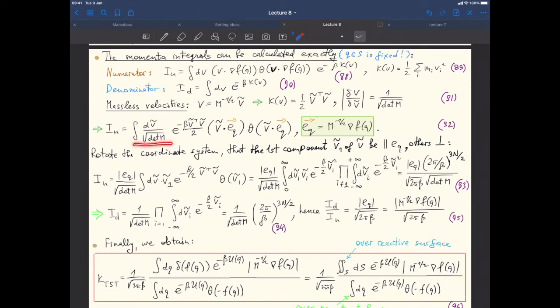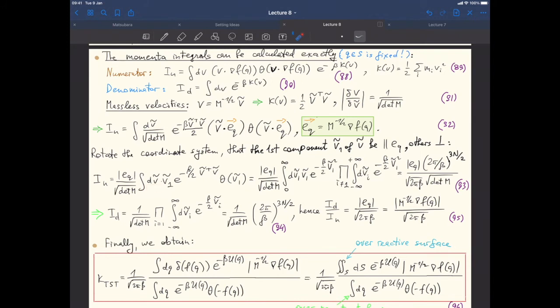So our integral now has the following form. From this dot product, we have a product of the v1 tilde component and the vector EQ. But because they are parallel, there is no cosine between them. So we simply take the absolute value of EQ out, divided by this prefactor of the masses.